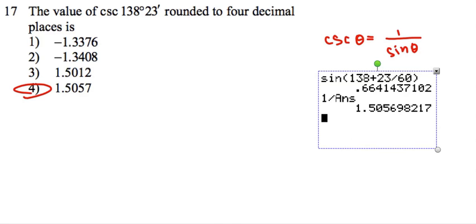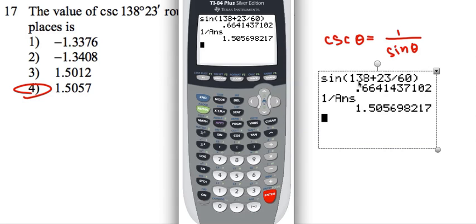Now, if you don't want to use 133 plus 23 and so on, another way for you to do this is sine of 133 degrees. In fact, there is a degree sign right here, second angle. Okay, and then 23 minutes.